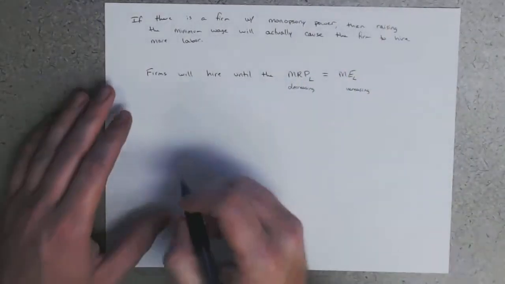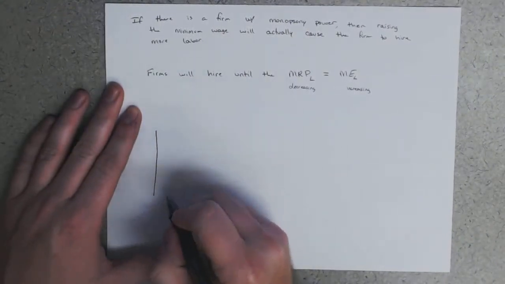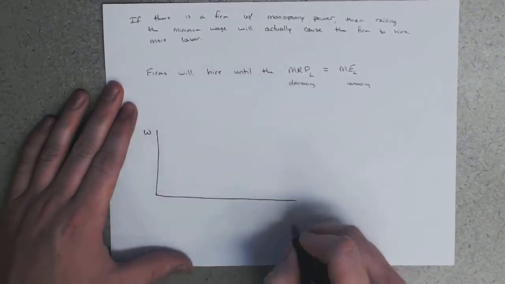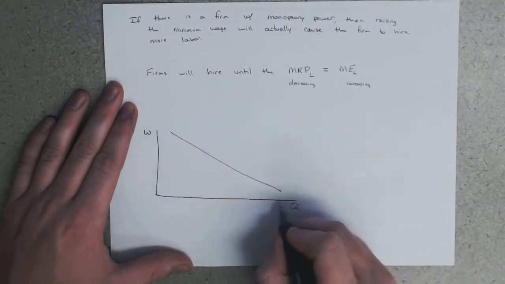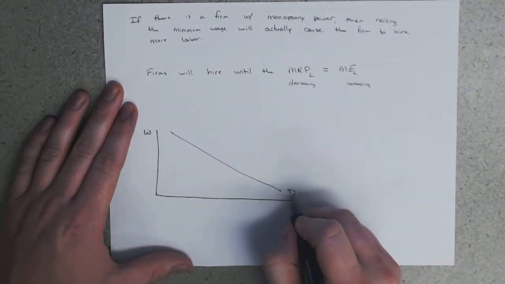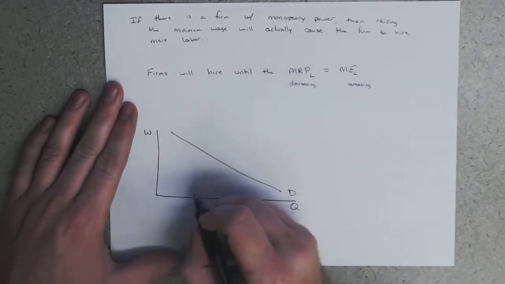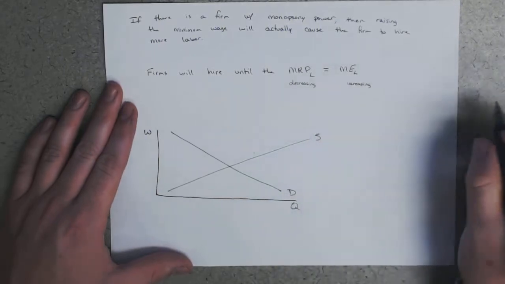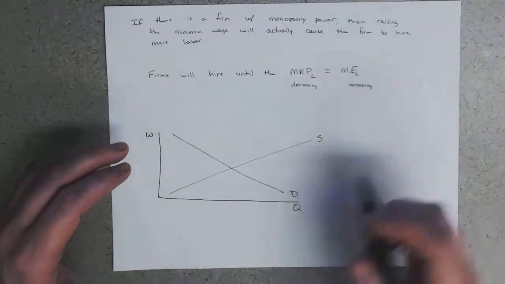And so what we see is this. Okay, so I'm going to try to draw this really carefully. Wage rate, quantity, and we have our demand for labor, which is derived from the marginal revenue product of labor, and we have our supply of labor, which is derived from the marginal cost, I guess you could say.